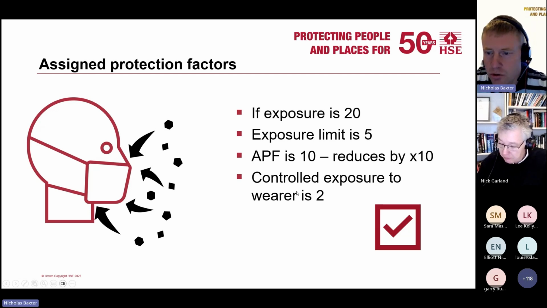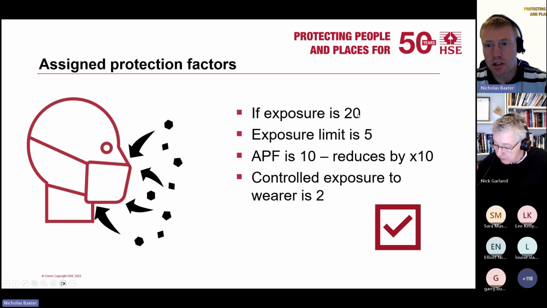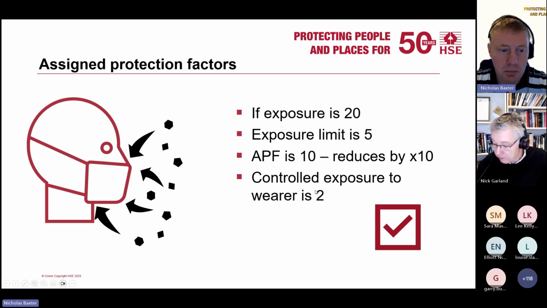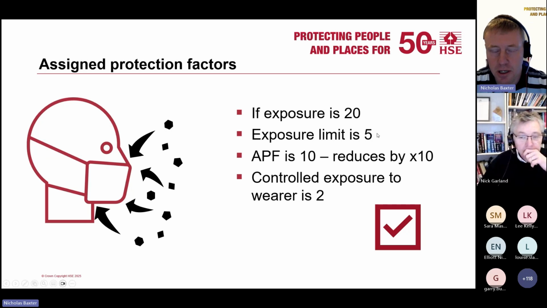The controlled exposure is 20 divided by 10, which is 2, and that effectively brings their personal exposure to below the exposure limit, which is all good and what we would want.